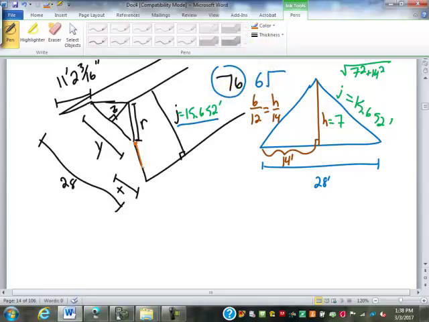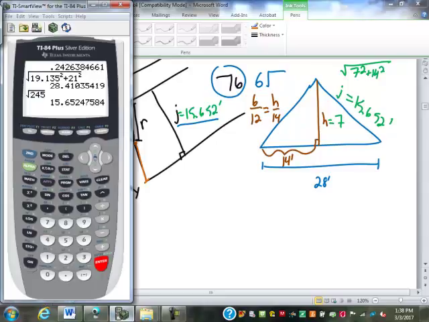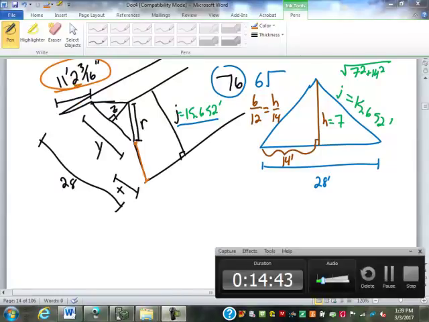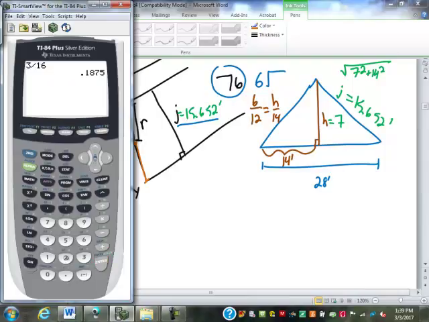We know that this distance given here is 11 foot 2 3/16. So let's convert 11 foot 2 3/16 back into decimal feet. I'm going to start out with the 3/16. Just 3 divided by 16 is 0.1875 inches. I'm going to add my 2 whole inches to that, so the 2 3/16 is 2.1875 inches.